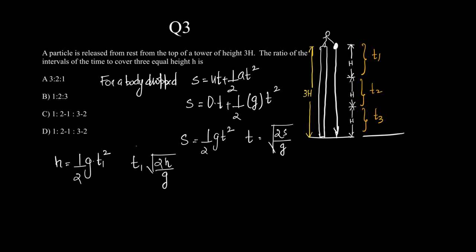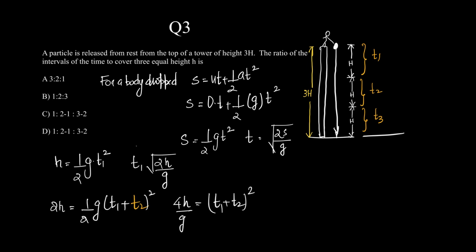Let us now look at the second interval. So for the combined intervals t1 and t2, the complete distance traveled is 2h. I repeat, for the combined intervals t1 and t2, the distance traveled is 2h, in which case we can write that 2h is equal to half into g into, this time t1 plus t2 the whole square. So this will further give us 4h by g is equal to t1 plus t2 the whole square.